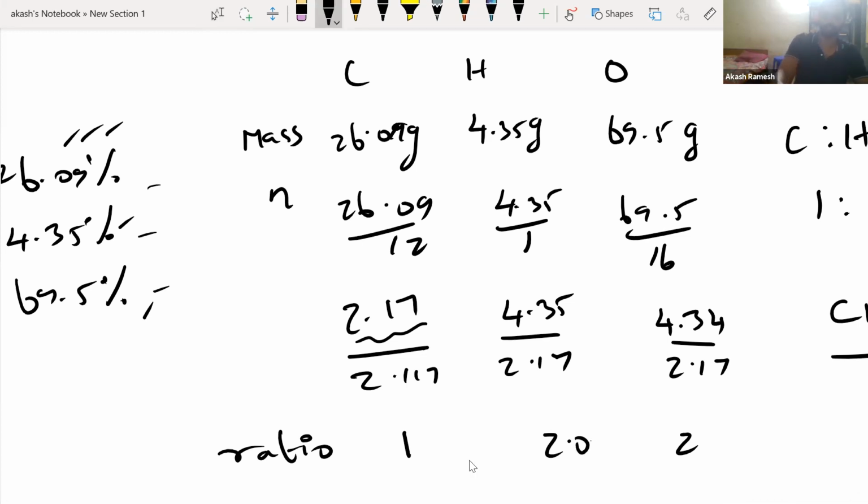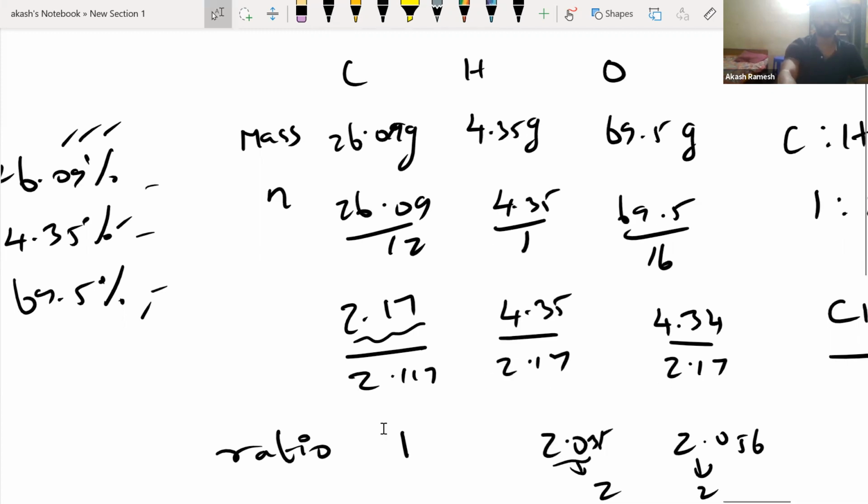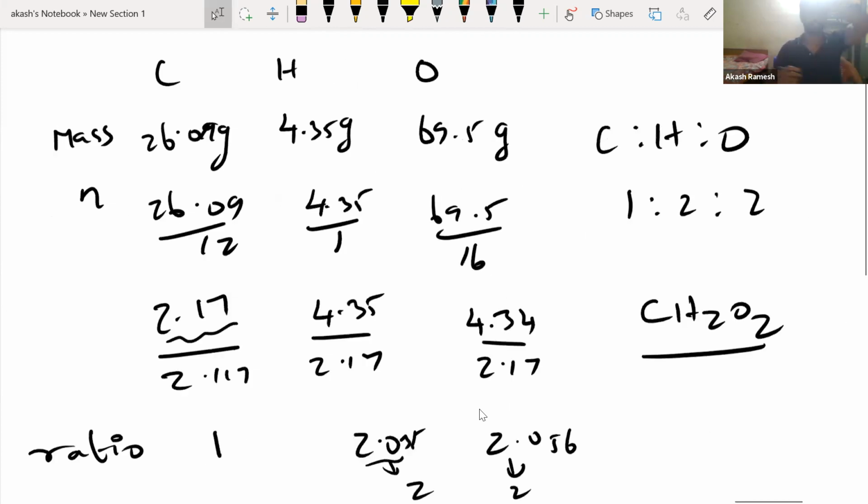You will get 2.035 something, 2.056 something, but approximated to the nearest integer. The nearest integer is 2. Here also the nearest integer is 2. Now you got the ratio of all the elements present: C, H, and O, that is 1 is to 2 is to 2. If that's the case, you can directly get the formula as CH2O.